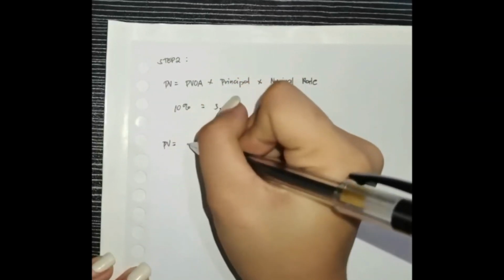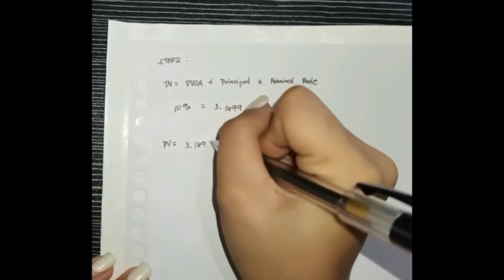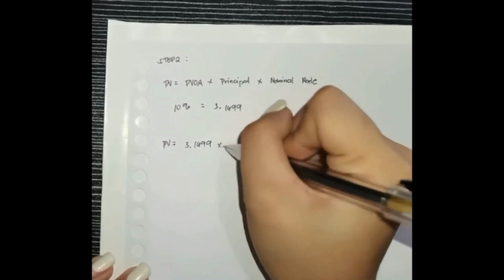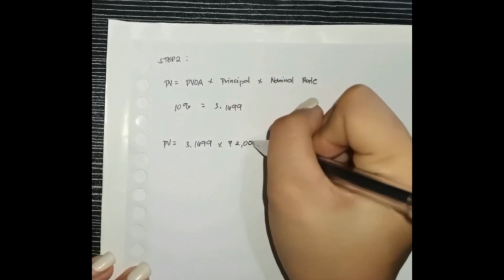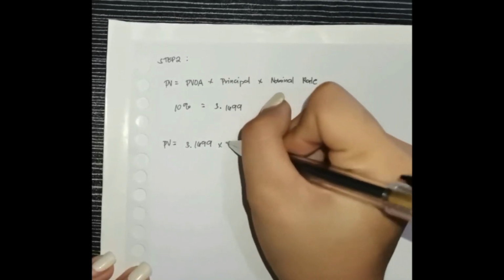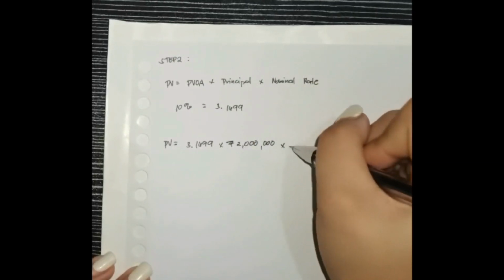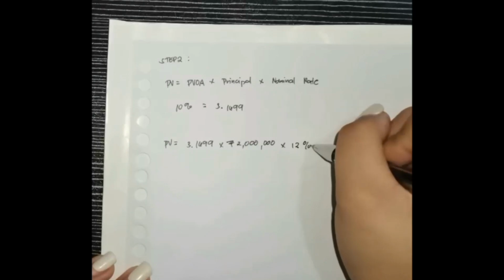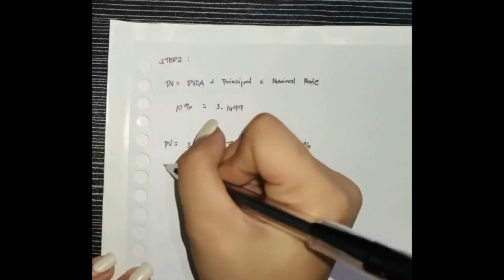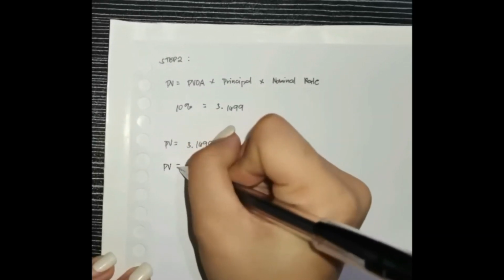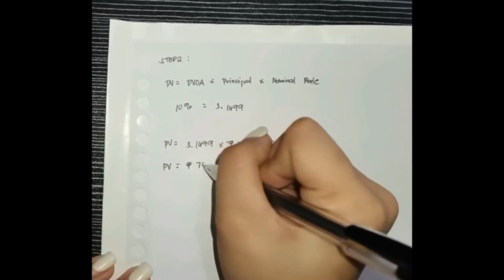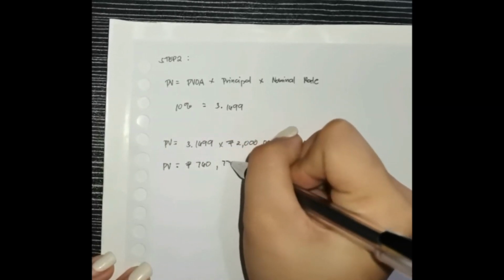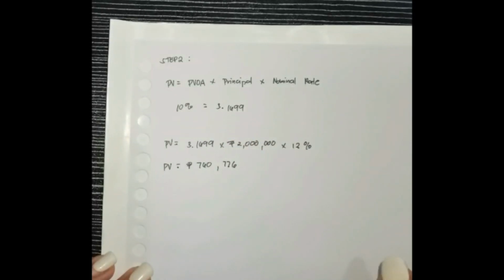PV is equals to 3.1699 or PVOA times 2 million pesos, which is our principal, and the 12% our nominal rate. So, our PV is 760,776 pesos.